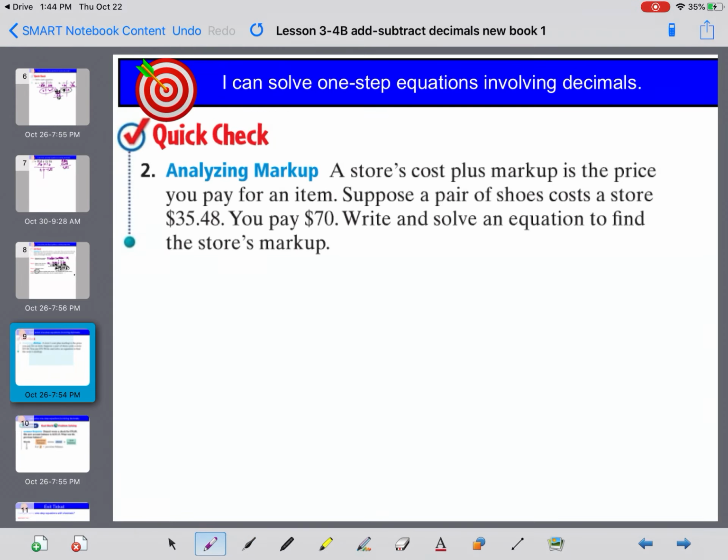So suppose a pair of shoes costs a store $35.48 from the manufacturer, but you go to buy the shoes and pay the store $70. Write and solve an equation to find out what the store's markup is. Well, let's use M for markup.